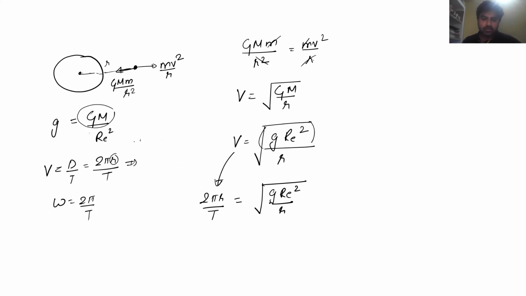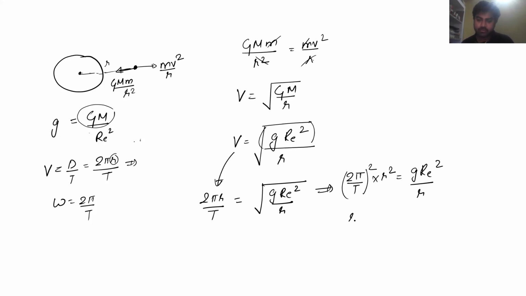Okay. Now from here we will separate out r, by squaring both sides. That means it will be 2 pi by T whole square into r square is equal to g R E square upon r, right?